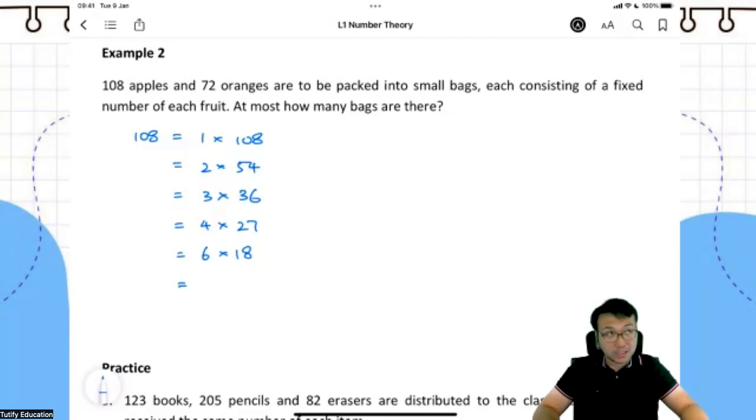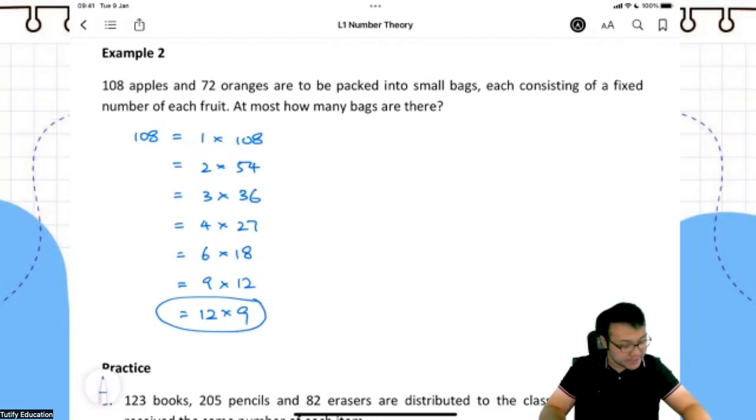Nope, we can't do 7. 8 cannot be done. 9, can we do 9? 9 times 12, okay? 10 cannot, 11 cannot, 12, yeah, we can do 12. Uh-oh, we are starting to repeat the numbers. Please don't repeat. Once you repeat, you know that it's too much. Okay, delete it away. You can stop here.